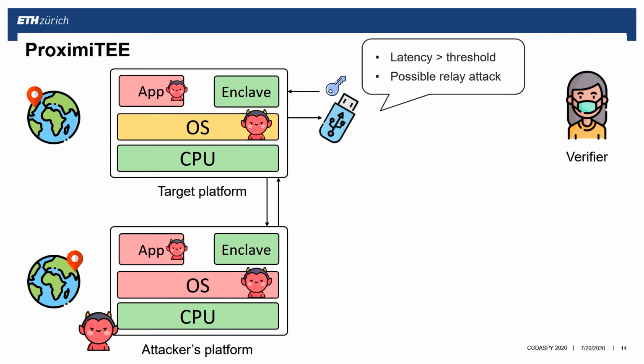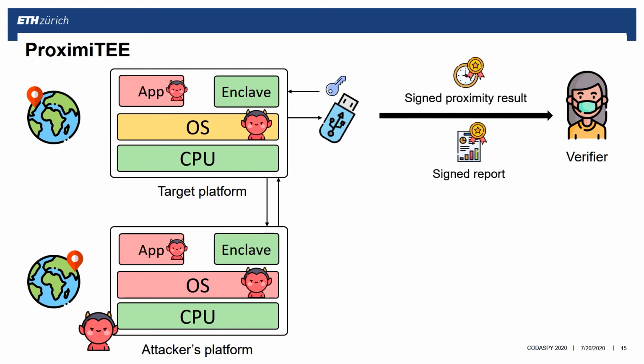Now irrespective of whether there is a relay attack or not, the key always sends the signed ProximiTEE result back to the verifier, saying whether it thinks it is connected physically to the platform or there has been a relay attack, along with the signed report.